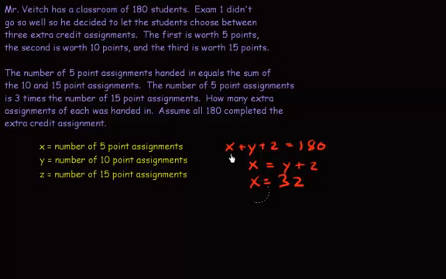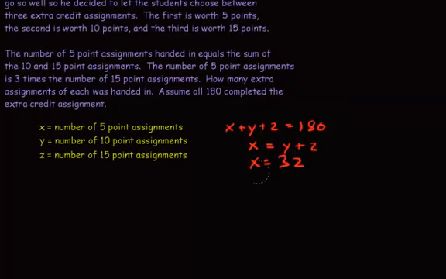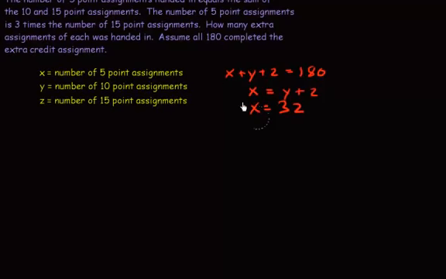3 variables. I'm going to do an augmented matrix, and we're going to row reduce this. So first thing, let's write this so that all the variables are on the same side. So we'll have X plus Y plus Z equals 180. Then the second line we'll have X minus Y minus Z equals 0.